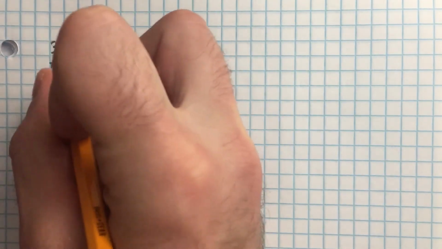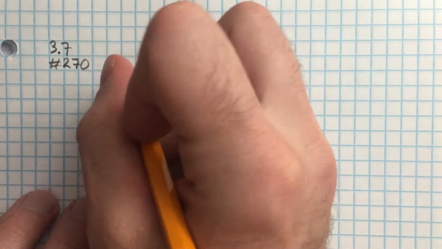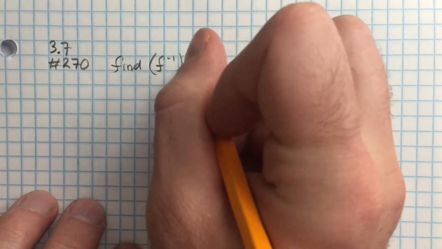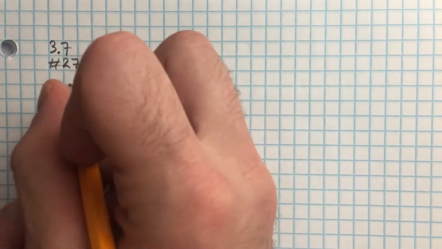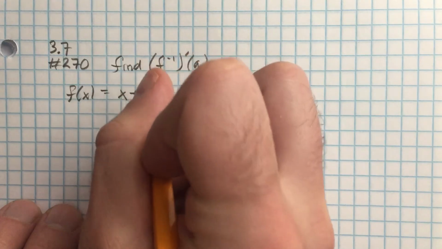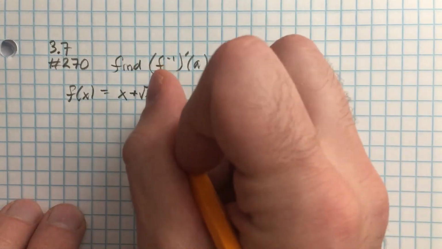Problem 3.7, number 270, says find f inverse prime at A. The function is x plus the root of x, and A is 2.